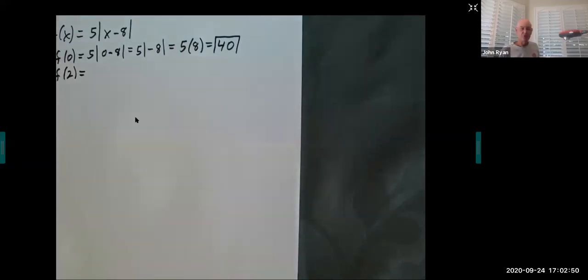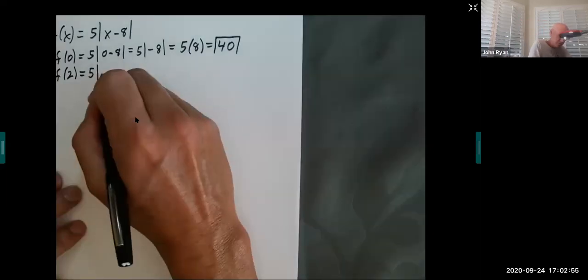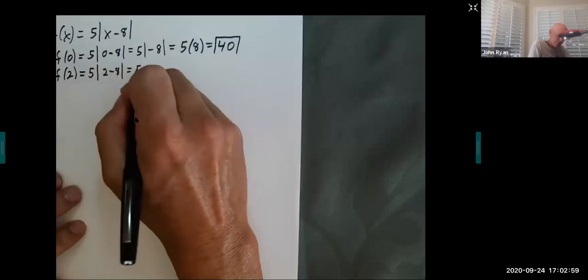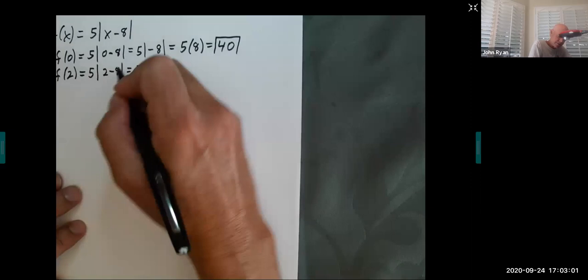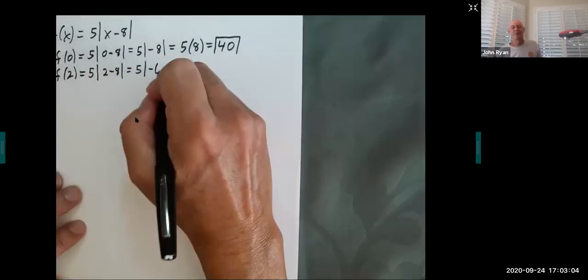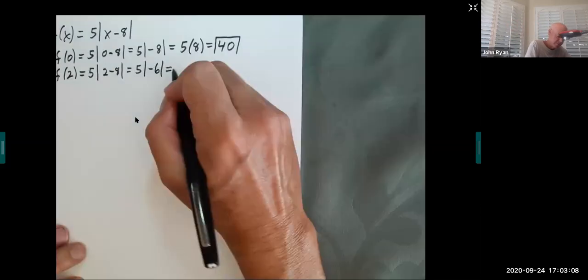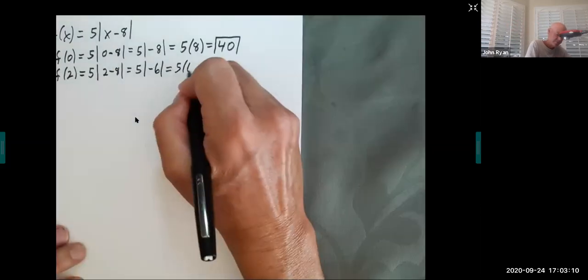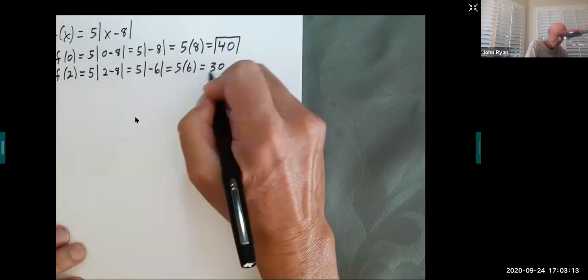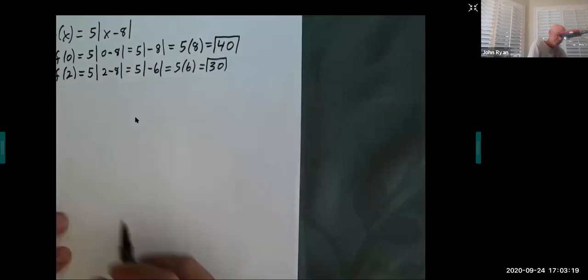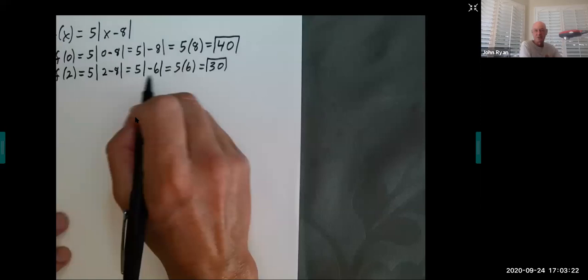Next up, we have f of 2, meaning I'm going to replace the x with a 2. Two minus 8 is negative 6. Absolute value of negative 6, positive 6. So treat the absolute value sort of as its own kind of separate thing.